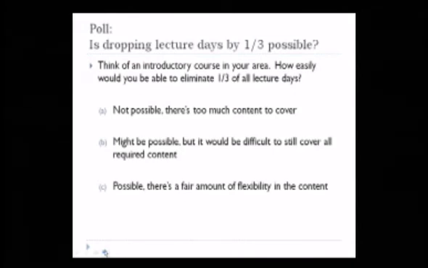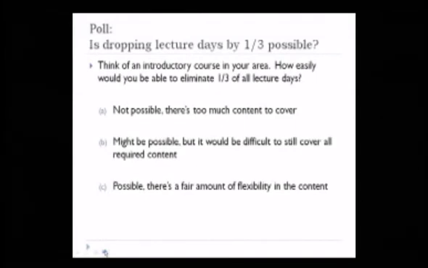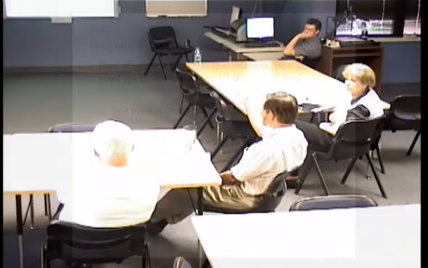How about some of computer science? I think it depends on the course. If it's, say, introductory programming, which is very much introducing various programming concepts and then trying them out to solve problems, it could work. I really think it could. Because we actually have a lab component, which is very much like the recitation that you're talking about.